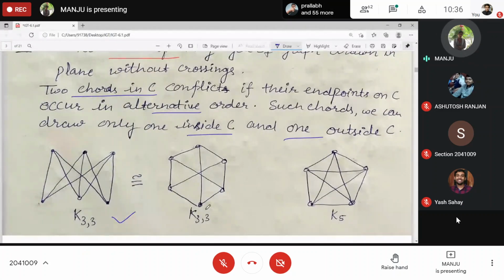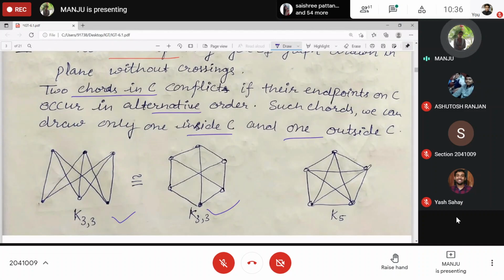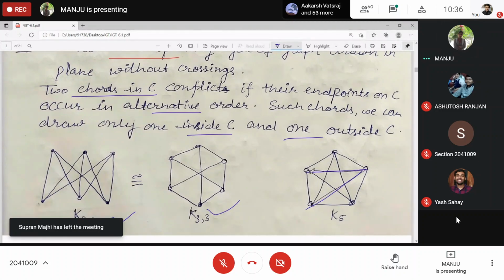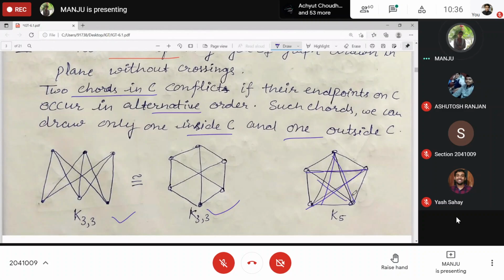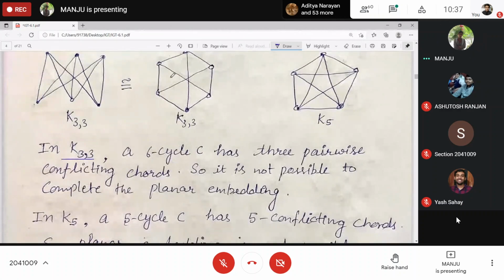So K33, I have already drawn this part. And K5, also, how many chords do we have which are alternative chords? 5, right? 1, 2, 3, 4, 5. Okay? All inside chords. So in K33, there is this 6 cycle outside, but 3 alternating chords are there.